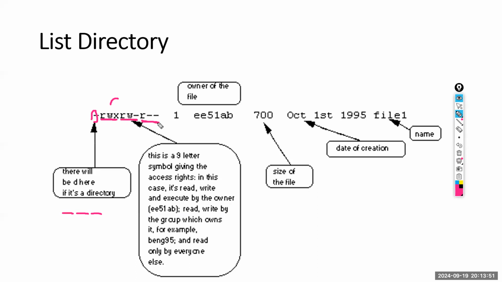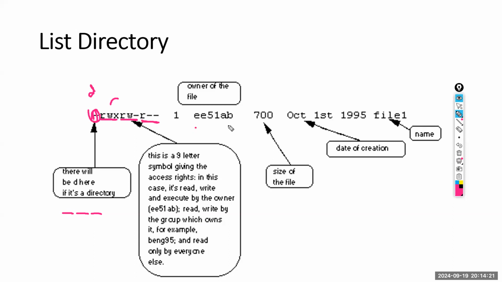Others can only read. So we can change these things. Remember, Linux is a very secure system, so it really cares about access: what the access is for the owner, group, and others. And here hyphen means it's a file. If it is not hyphen, it will be d, which means it's a directory.